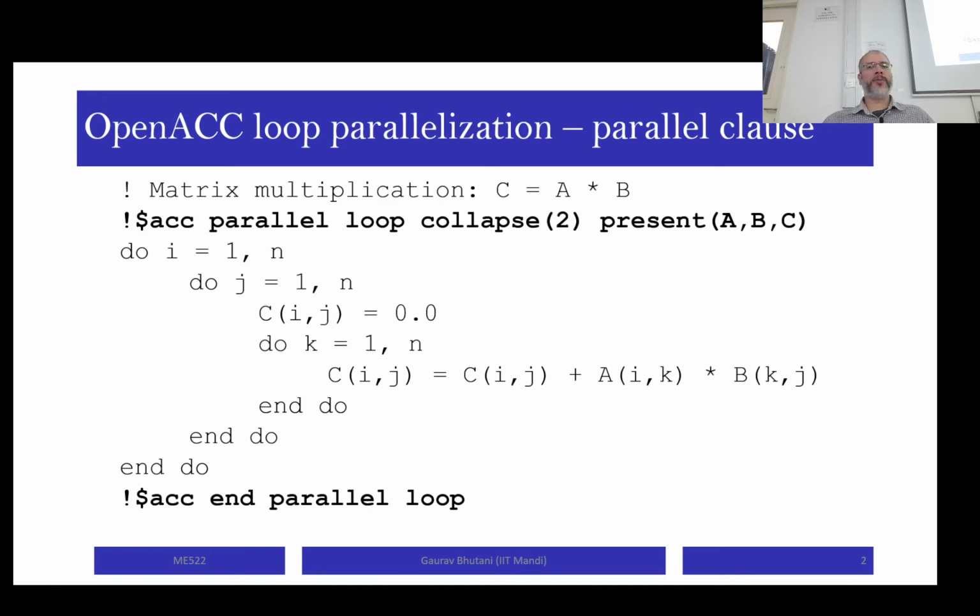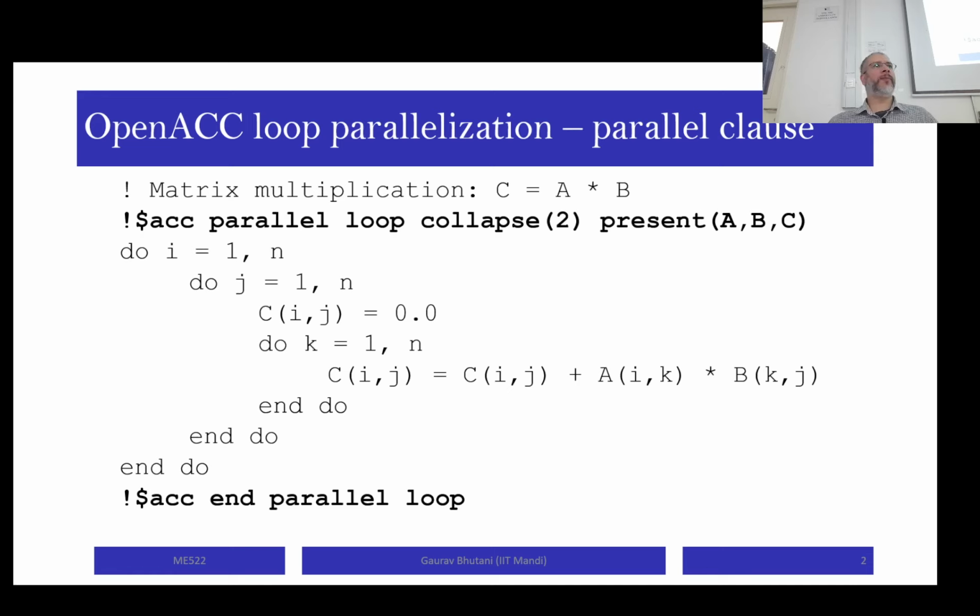And collapse(2) is telling that you have do loops below this statement and to go 2 levels down in this do loop. There are 2 do loops, one over i and the other over j. So collapse(2) means that it will combine the iterations of both these loops.